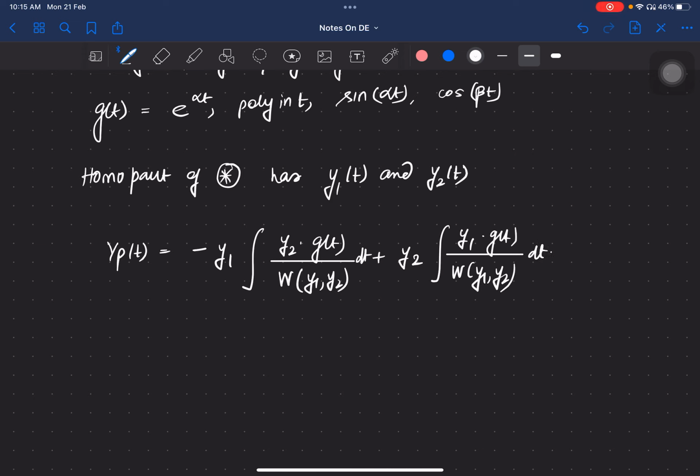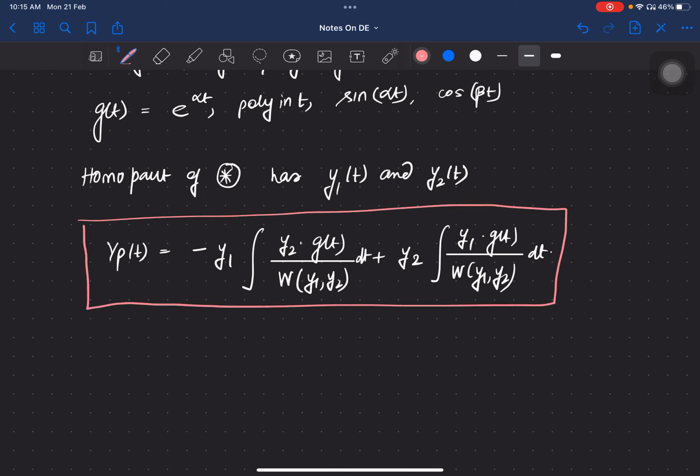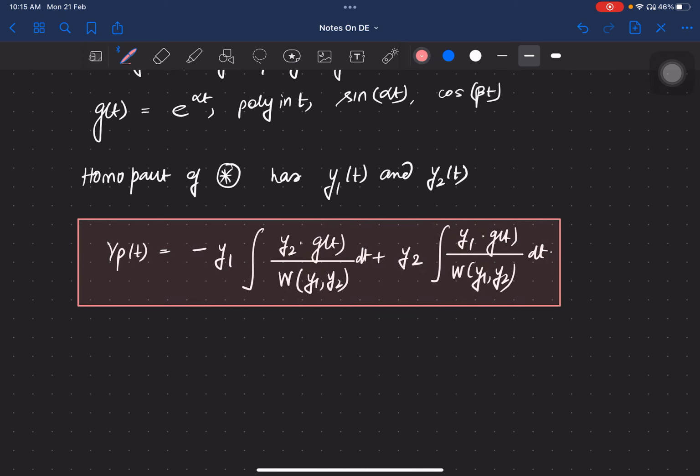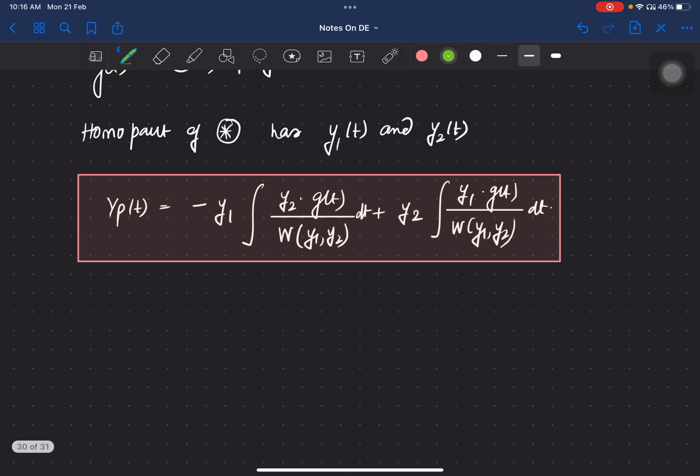So this is the form of the particular solution. Let's highlight it. Here W(t) is the Wronskian of y1 and y2.